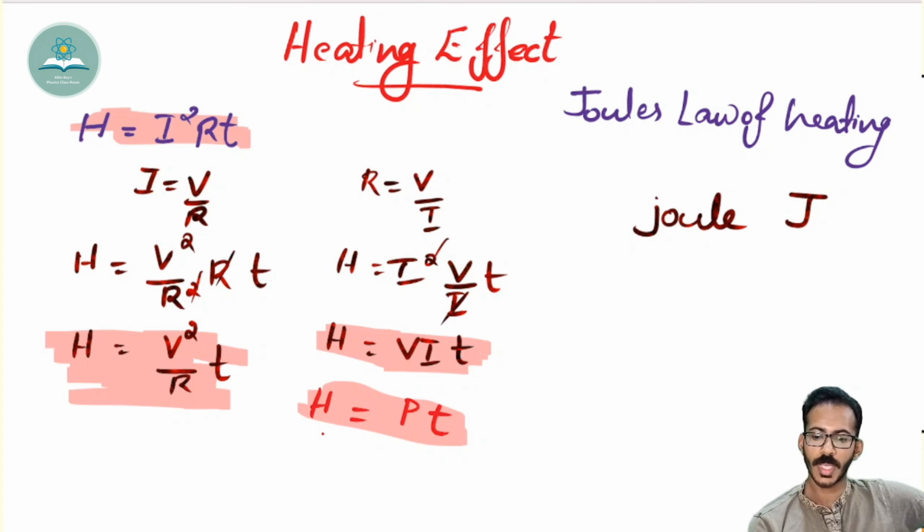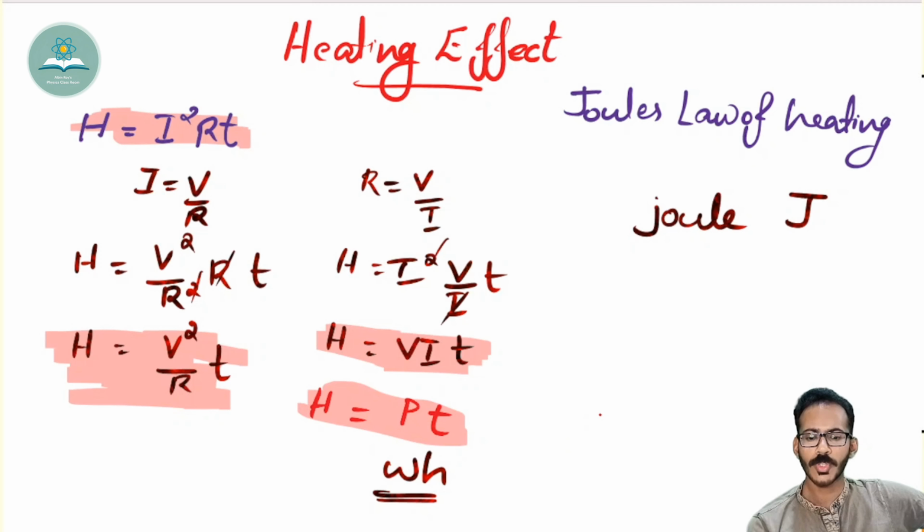Here, since we got the equation heat is equal to power into time, and time plays a major role in electric current, for heat generated we can even have one more unit, that is watt hour. Here SI unit of power is watt and time is hour. So watt hour is a unit to represent the energy generated by electrical equipments.